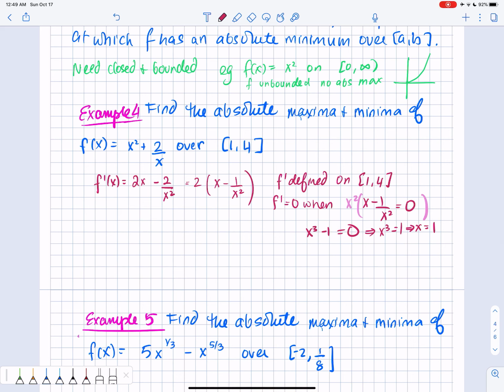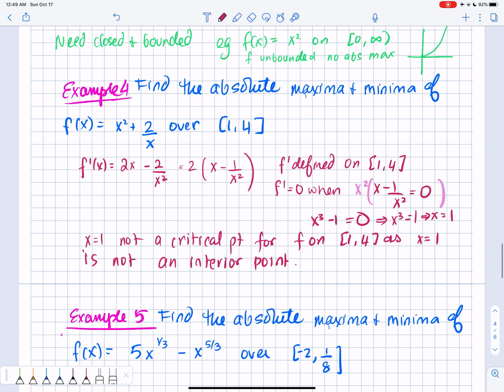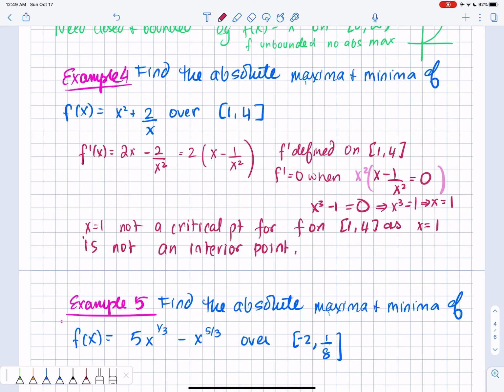Well, x equals 1 is not a critical point for f on the interval 1 to 4, as x equals 1 is not an interior point. I hope that makes sense. And then you're done. F has no other critical points. F has no critical points.